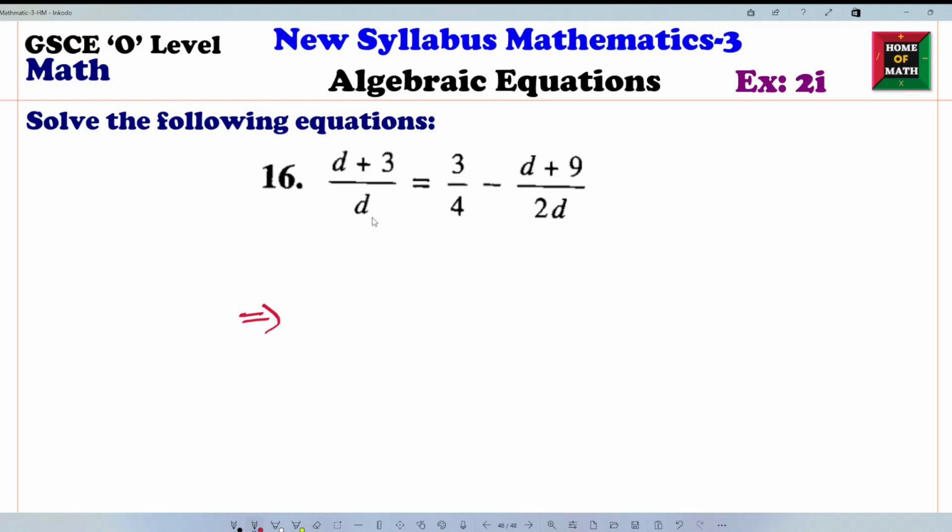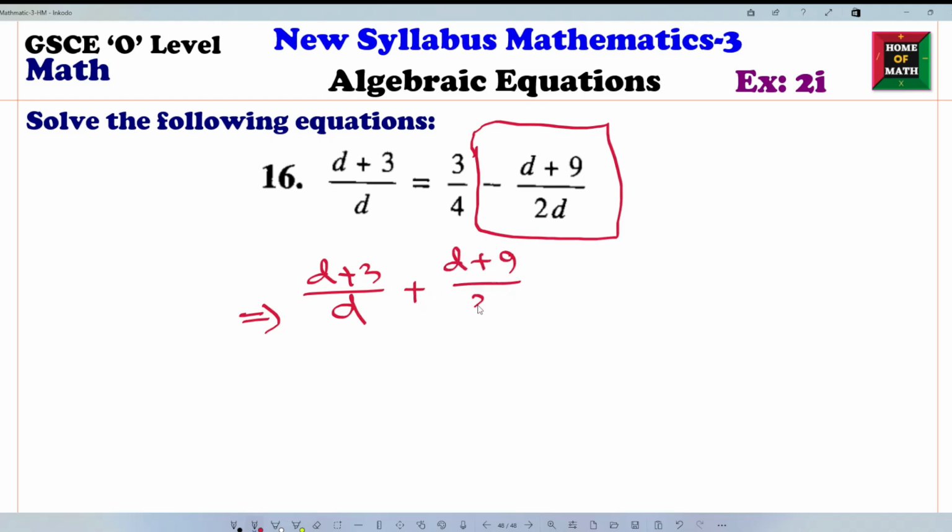(d+3)/d = 3/4 - (d+9)/2d. So here we can do one thing, (d+3)/d, and this minus (d+9)/2d we can exchange. So here is plus (d+9)/2d equal 3 by 4. So here LCM is 2d.